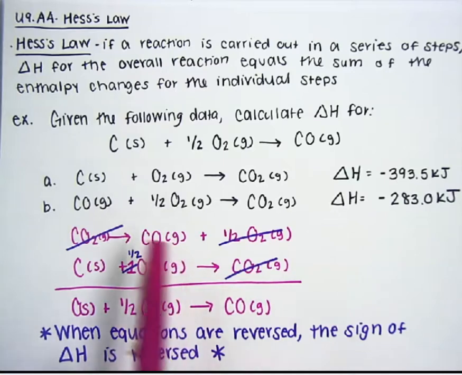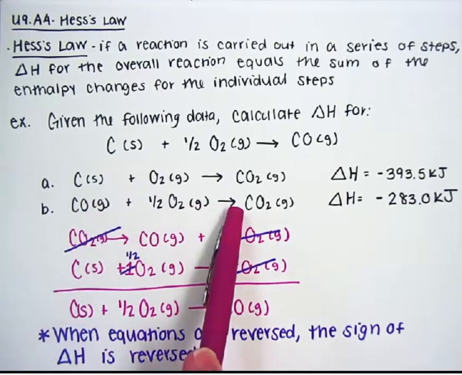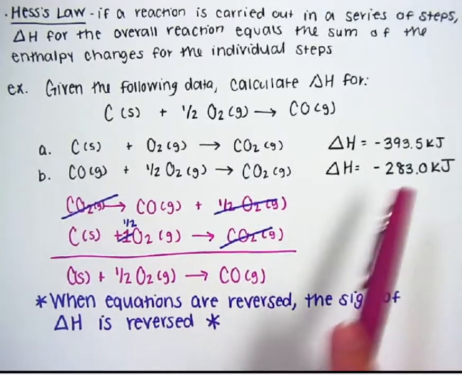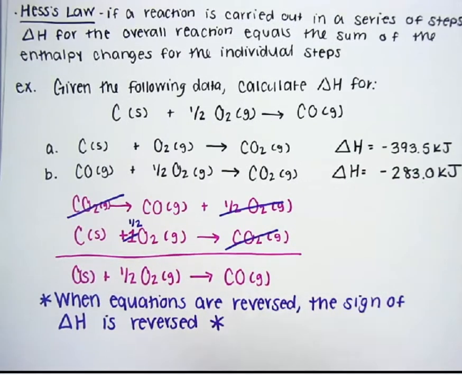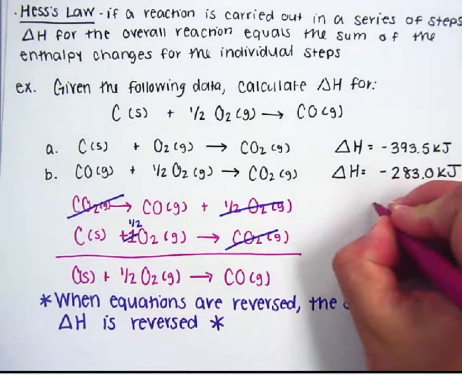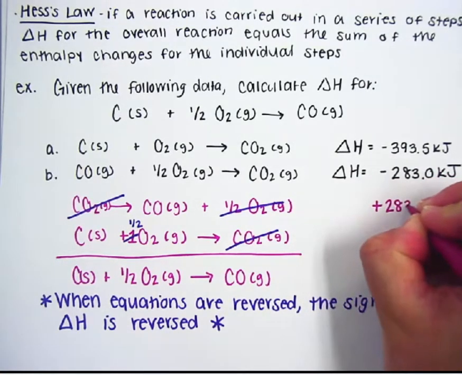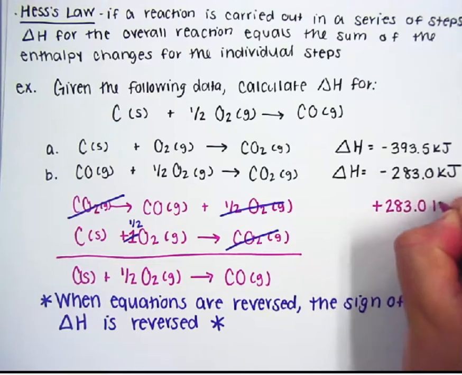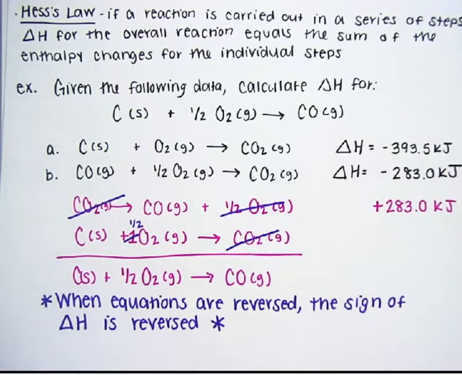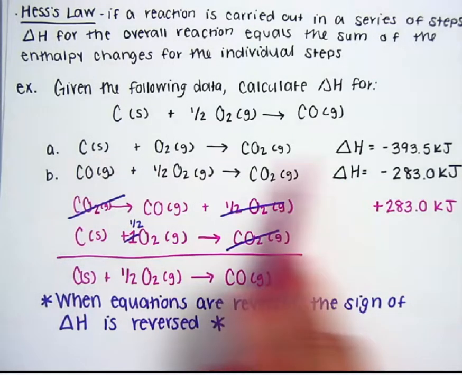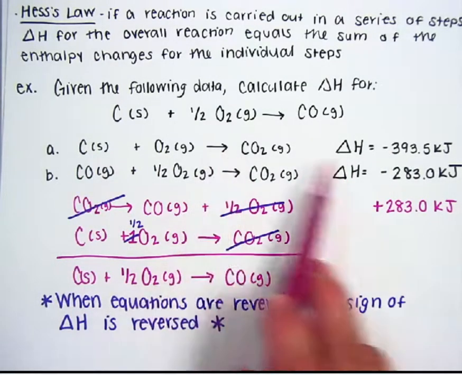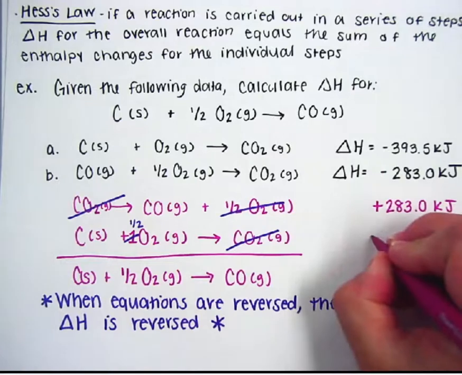So we flipped reaction B. That means we need to flip its sign. So it is now going to be a positive 283.0 kilojoules. I did not do anything to reaction A, so I'm going to leave its delta H value alone.